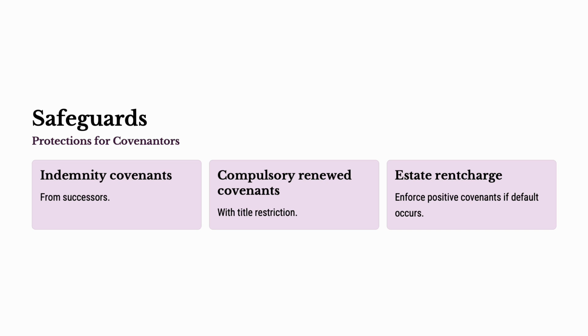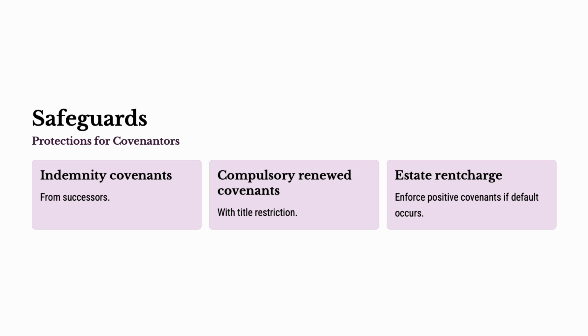For registered land, a compulsory renewed covenant provides additional protection when transferring land subject to a covenant. The transfer can include a restriction on the register requiring every future buyer to enter a fresh covenant with the original covenantee. This creates direct contractual liability. Estate rent charges offer another mechanism, particularly for positive covenants.